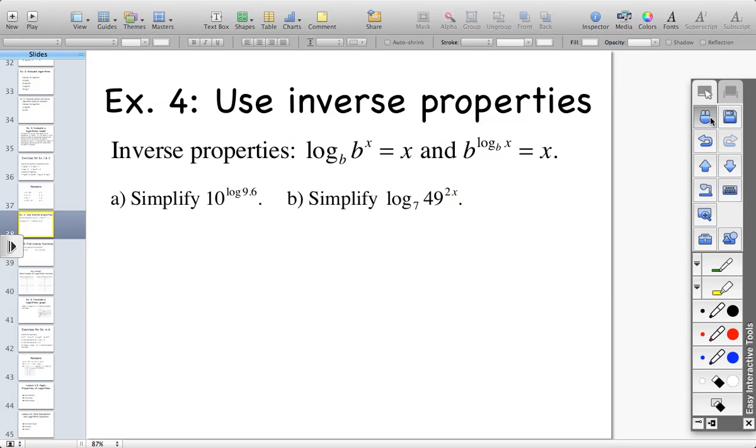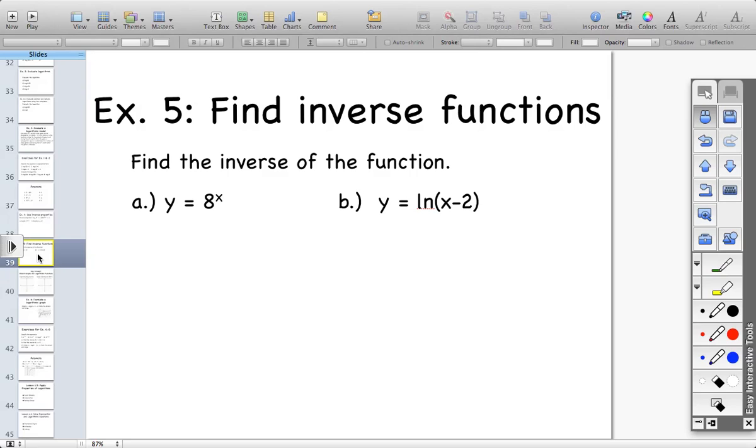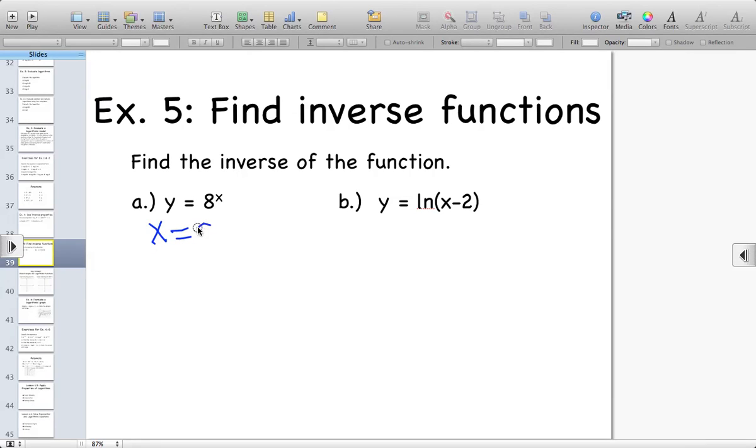Alright, let's look at inverse functions. Now we already know from experience in chapter 2 and 3, mostly in chapter 3, how to write inverse functions. First thing you want to do is flip your x and your y. So x is equal to 8 to the power of y.